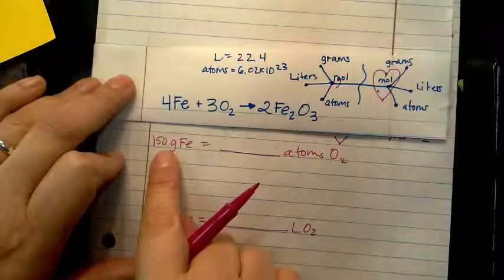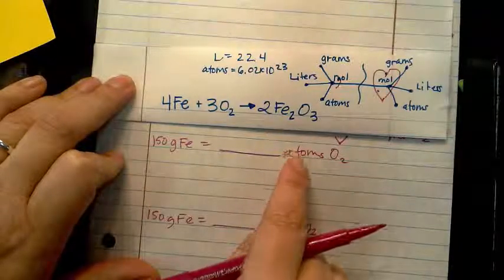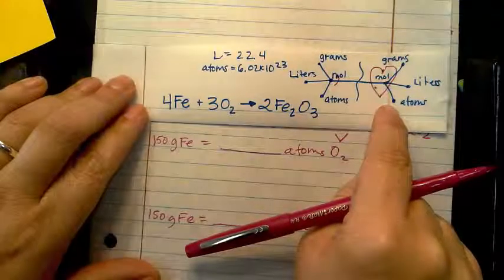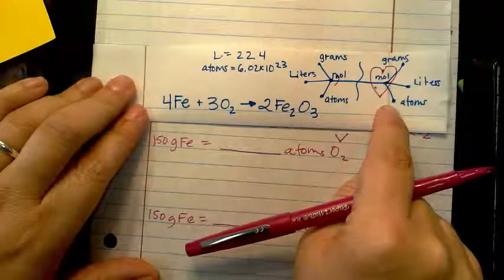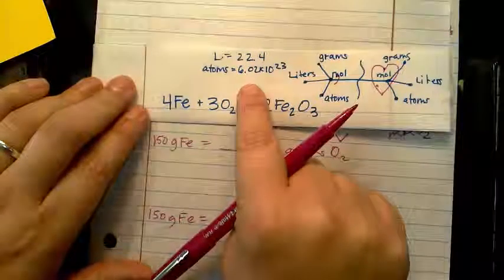I'm going to go 150 grams of Fe again, but instead of going to moles or to grams, I'm going to go to atoms, which is down here. And if you look, for atoms, your constant, if it's not your given, is going to be this number right here, which is called Avogadro's number.